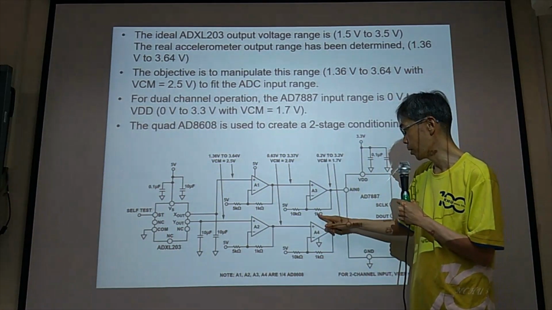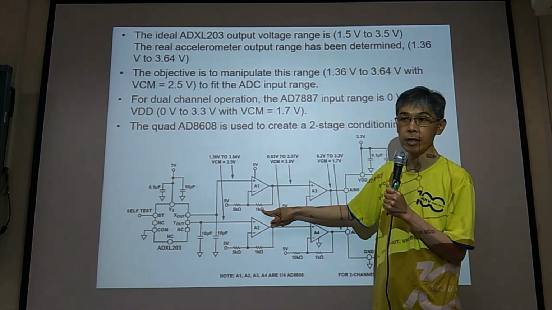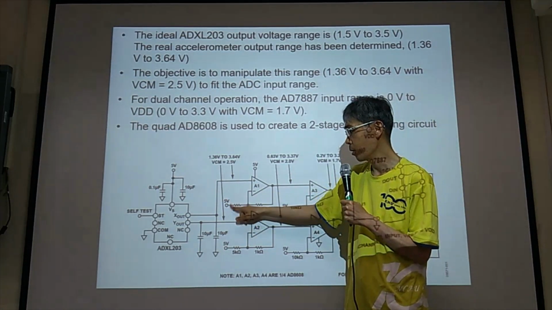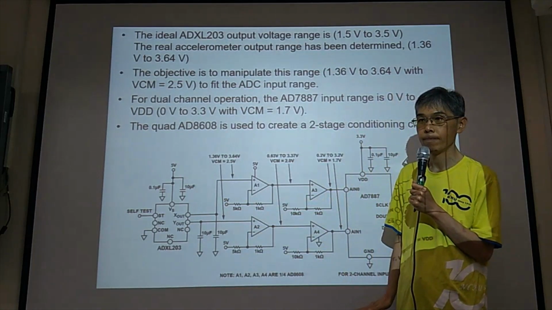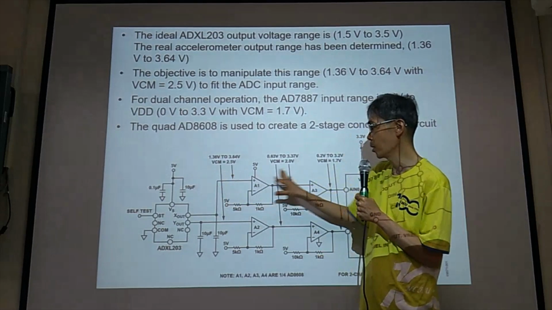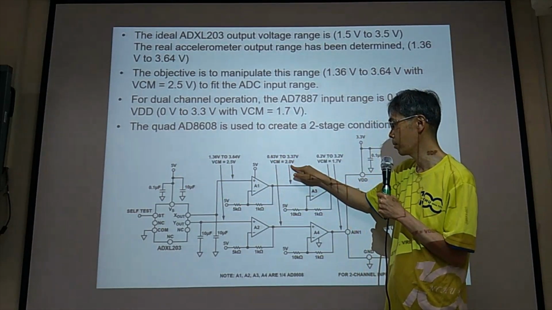So these two resistors set the gain for this op amp. And this 5 volt will determine the common mode output. So try to figure out from this stage to this stage why we got minimum, maximum, and the common mode.